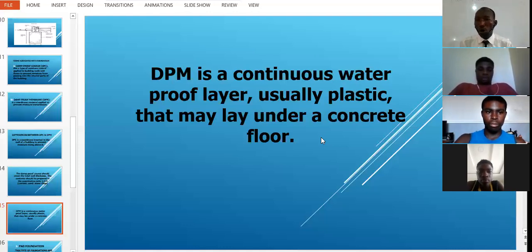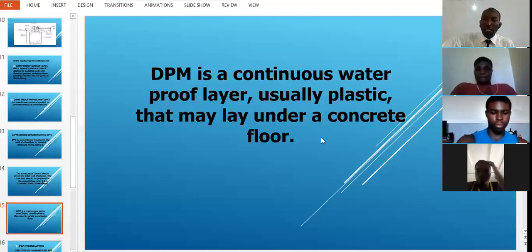The damp-proof course is a kind of protection, a kind of prevention we give to the wall. We tend to protect the wall so that moisture will not gain access into the wall. That is why it is called DPC. Now the walls are always laid in courses. That is why it is called damp-proof course.